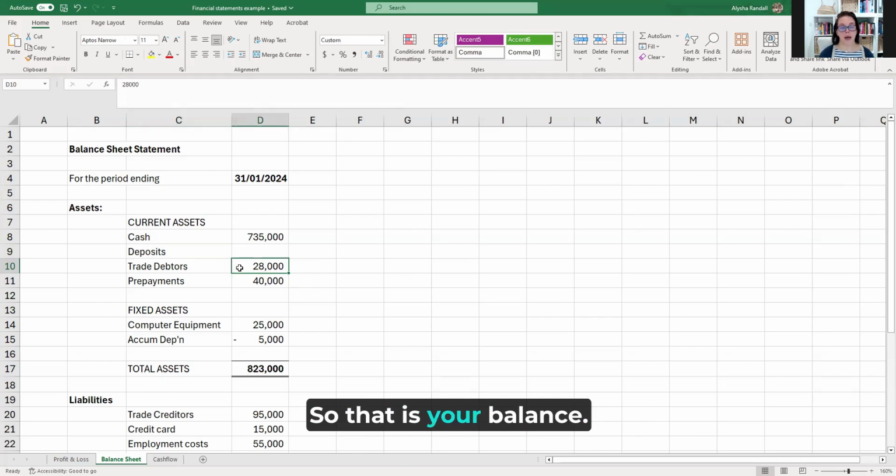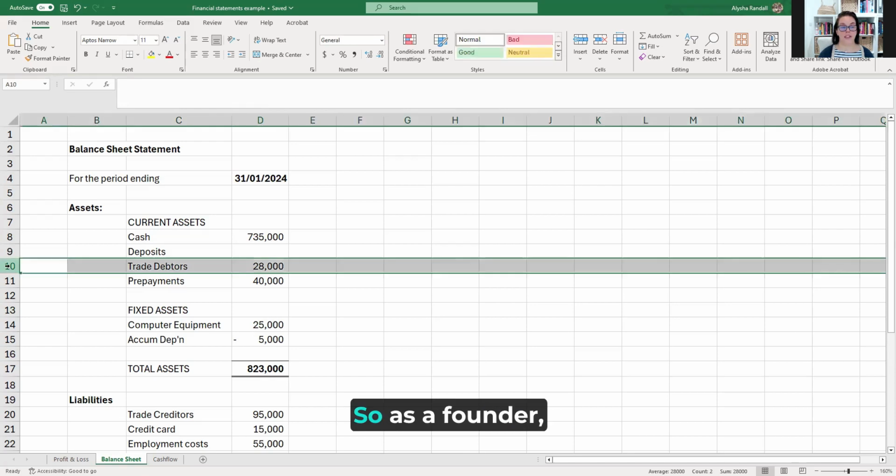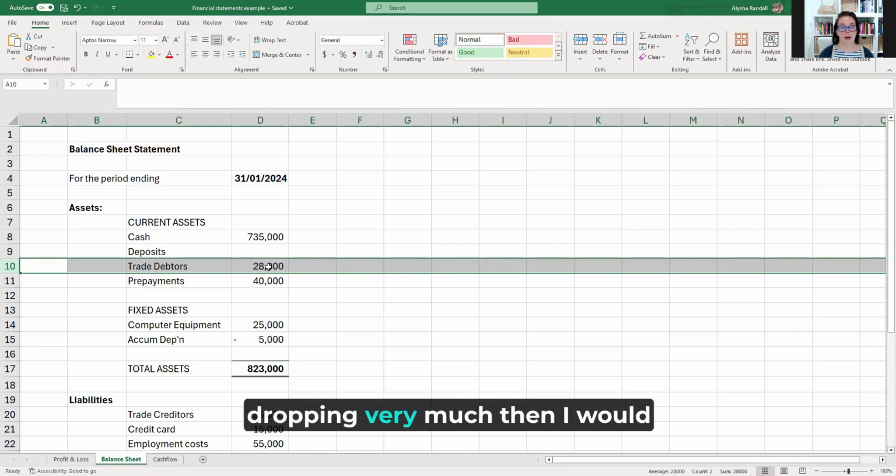So at any point in time, you can see how much customers owe you, and it's worthwhile keeping an eye on this one over time. If it keeps increasing and not dropping very much, then I would question with your finance function about chasing those receivables, or your sales team.